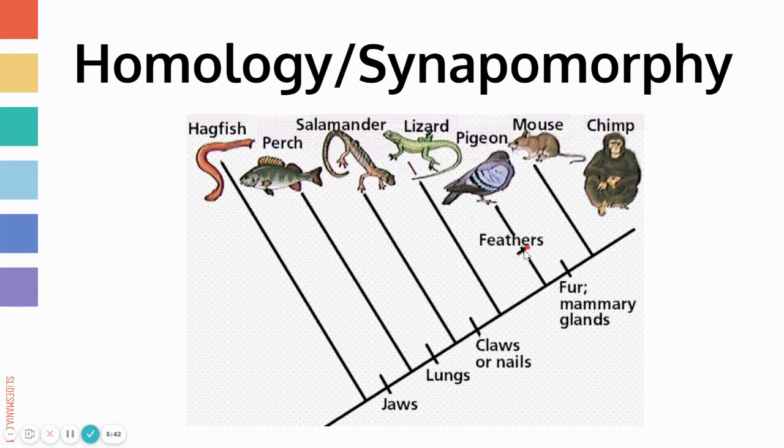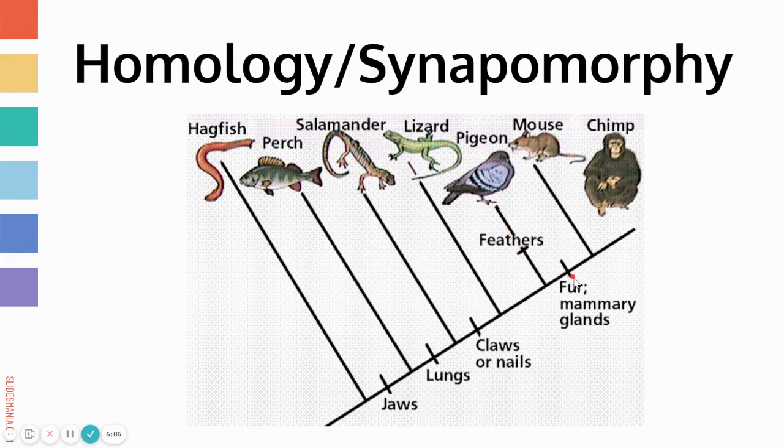So we're saying feathers evolved here. So we're saying that on this branch of the evolutionary tree, only the organisms that are downstream of this branch are going to have feathers, because that's the point at which in our evolutionary tree feathers evolved. And so this is a sort of isolated example because feathers only are connected to one branch.